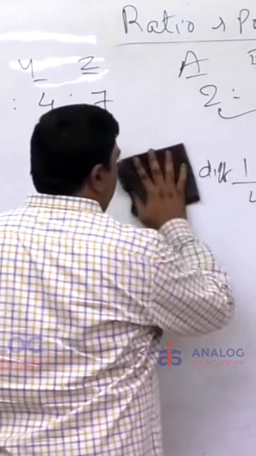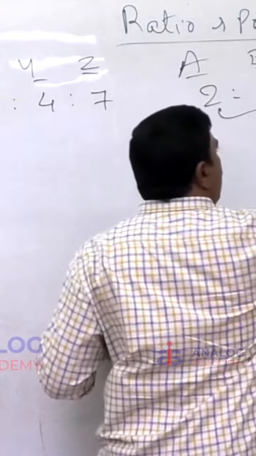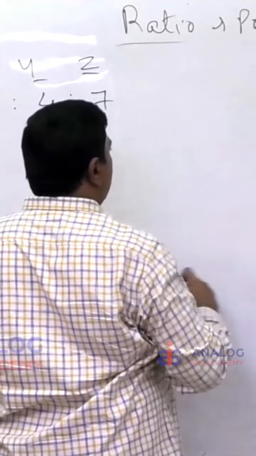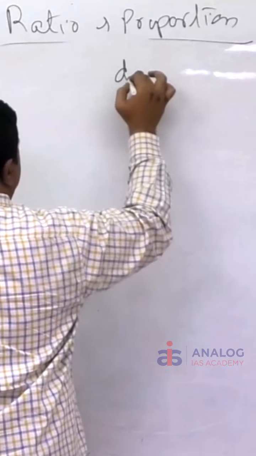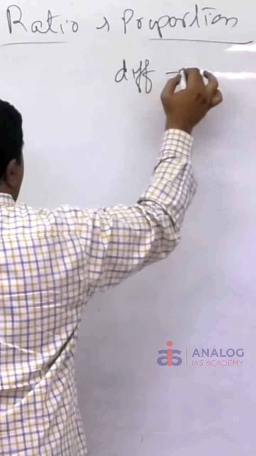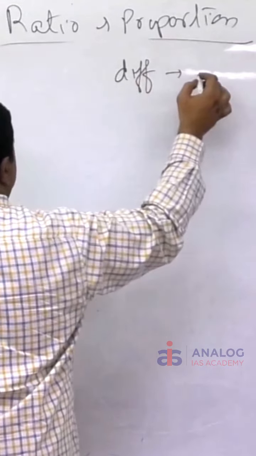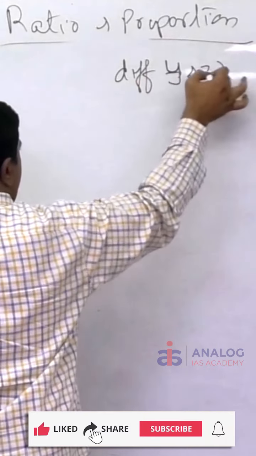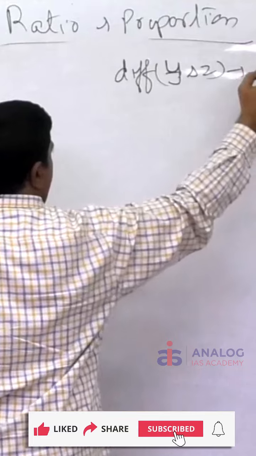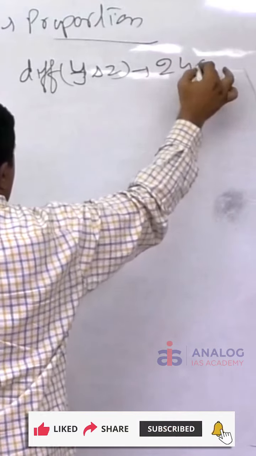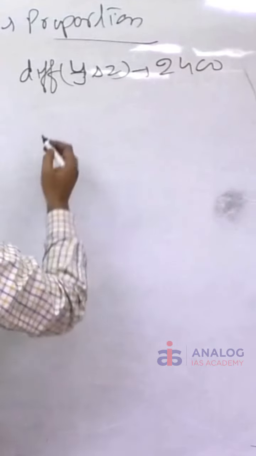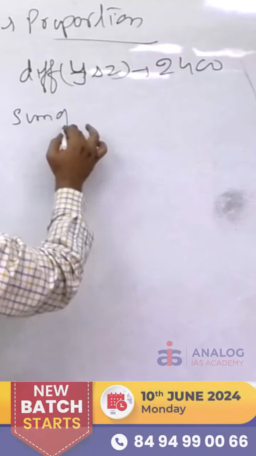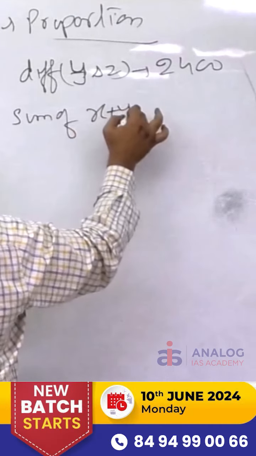If the difference of the shares of y and z is 2,400 rupees, find the sum of the shares of x and y together.